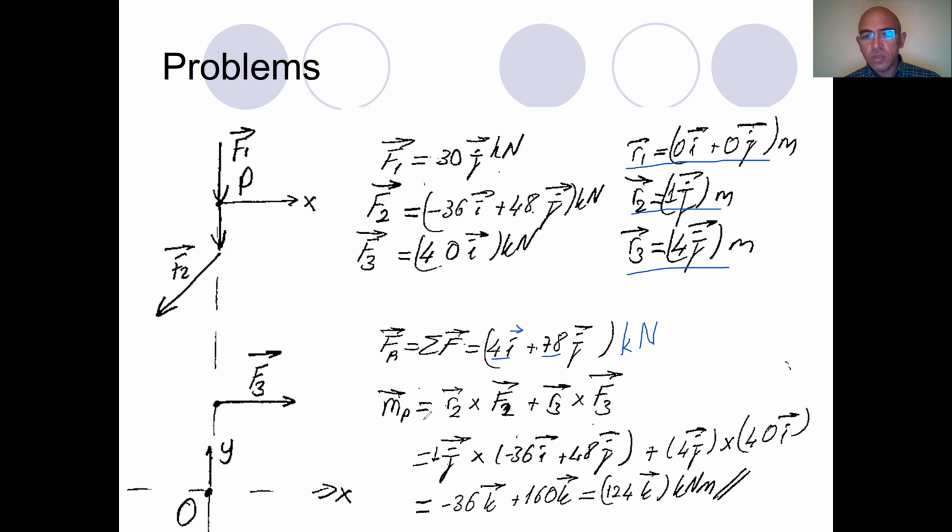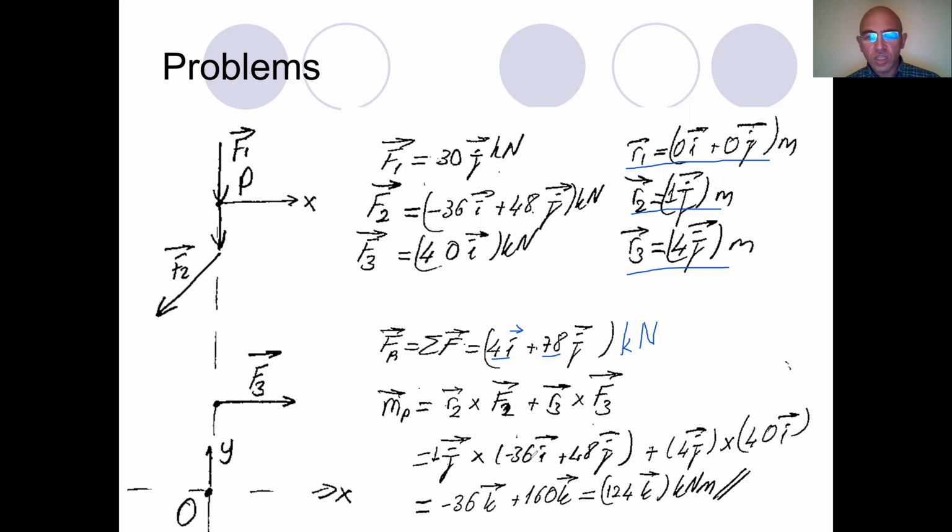Now I have to calculate the moment with respect to point P. Therefore, I write all the position vectors with respect to point P. In fact, force 1 will not generate any moment at point P because it directly acts on point P. So the moment generated by force 2 is R2 vector product F2, and the moment generated by force 3 is R3 vector product F3.